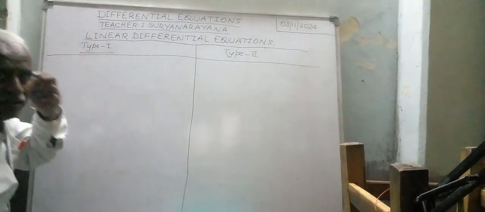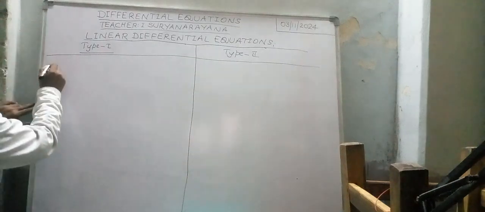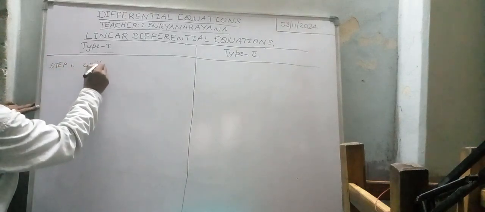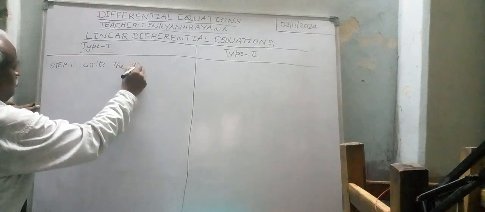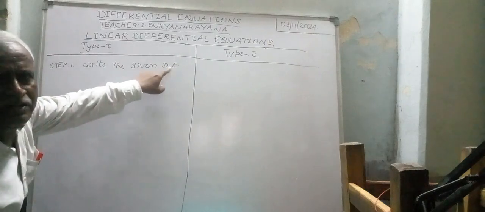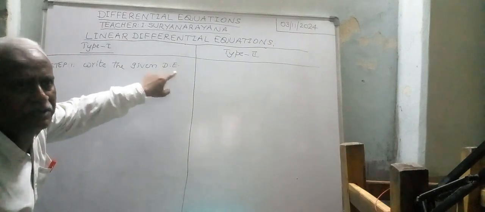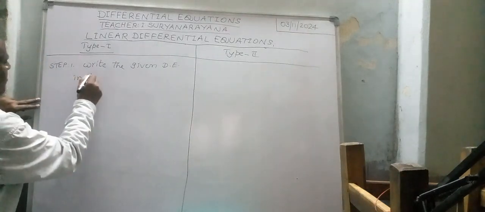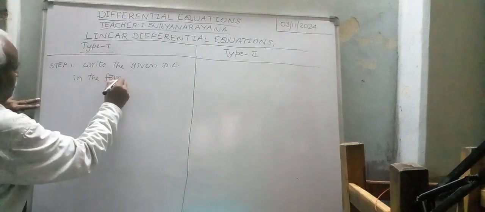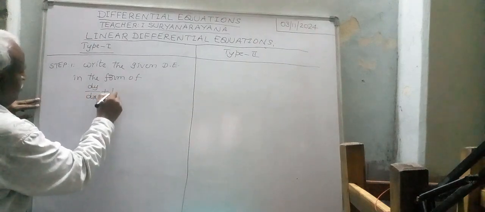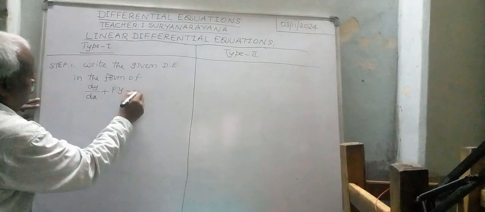So, step 1. We have to write the given D.E., I am not writing the full form, D.E. stands for differential equation, in the form of dy by dx plus p into y is equal to q.